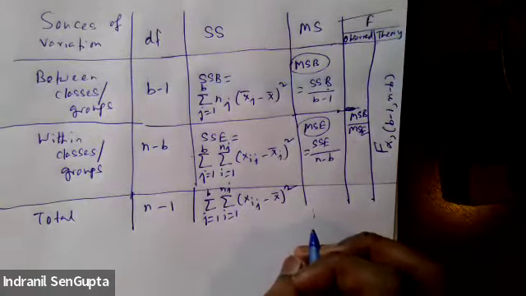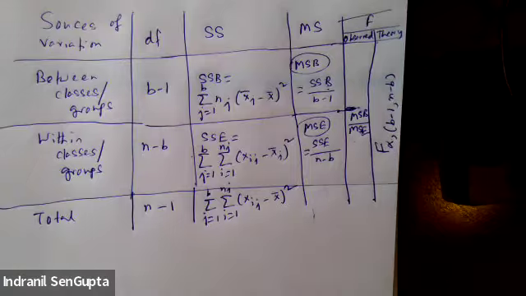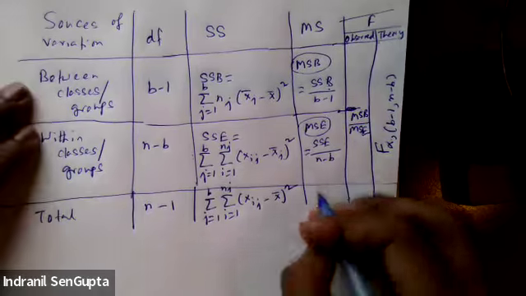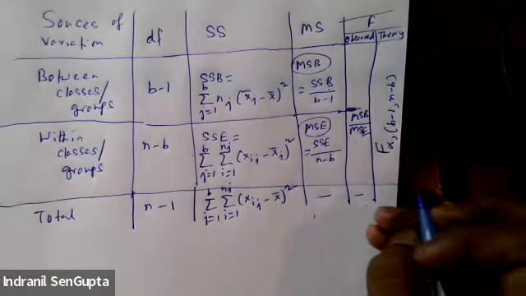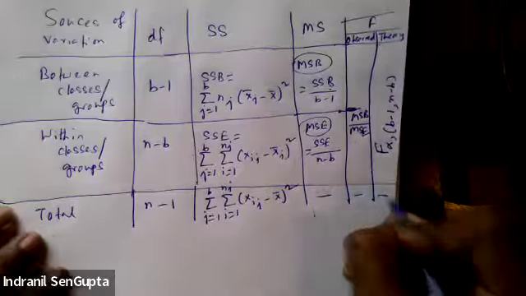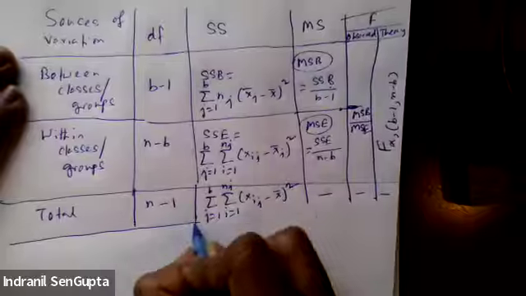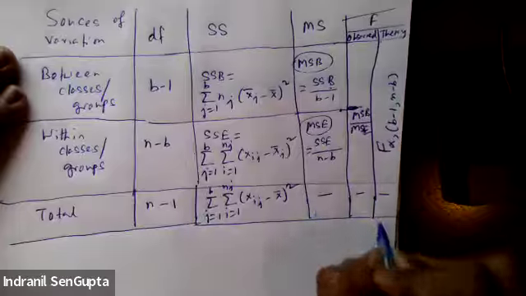It's a very famous result that SS can be split into two parts: one is SSB, and the other one is SSE. Okay, that is pretty much it. I'll not write the other ones because they were not very important, so I'll just put a dash here. So this is the famous one-way ANOVA table, and from this we'll be concluding things.